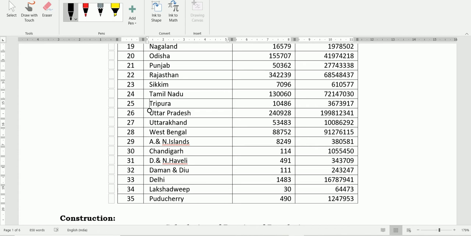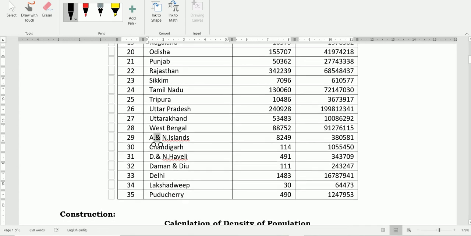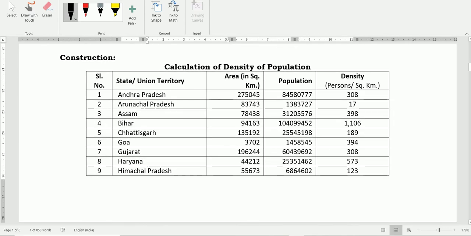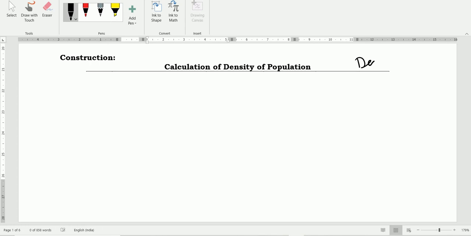Since we are going to represent density of population, first we need to calculate the population density. So the formula you have learned earlier. Here is the calculation table of density of population. Very easy. We have to divide.